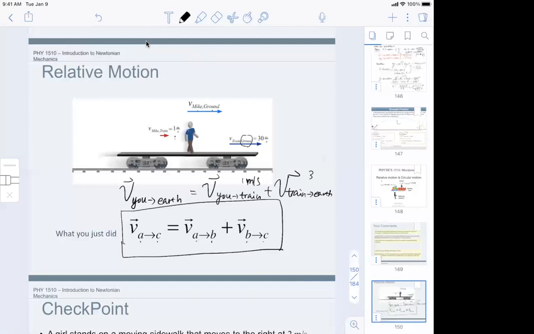Train to Earth is 30. So your velocity relative to the Earth is 31. So this is basically what the equation is trying to tell you.